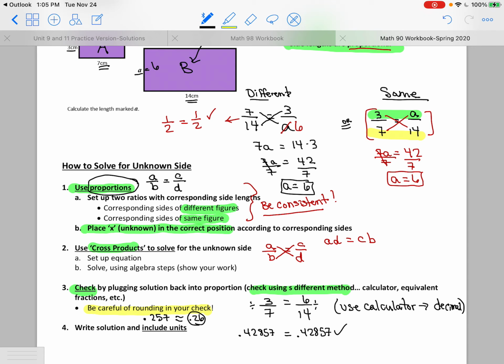Well, if you do your check with the rounded number, it's not going to come out the same on both sides. So just be cognizant of that. When you do your check, put in your original so that your check is actually accurate. Okay? And of course, we include our units in our final answer. So something that I didn't do yet: A is equal to 6 centimeters.